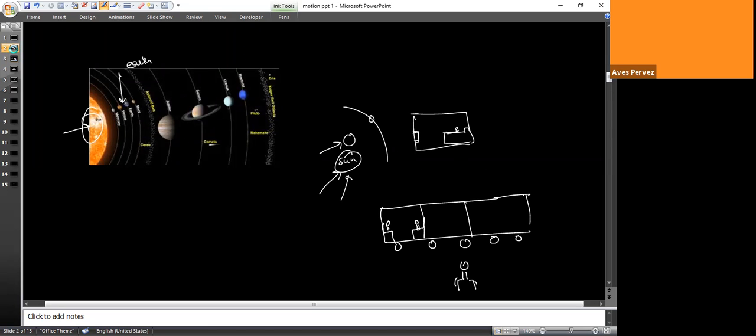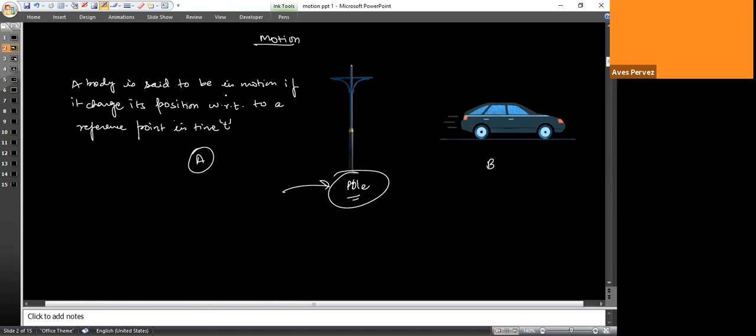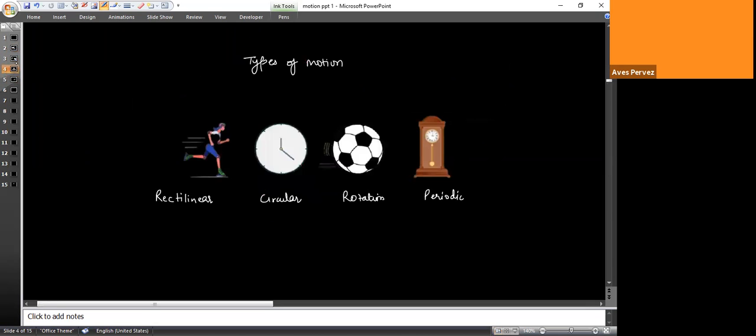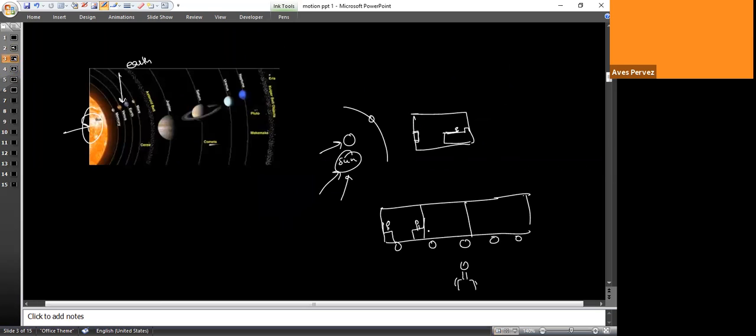In the definition, a body is said to be in motion if it changes its position with respect to a reference point. We need a reference point. If there is no reference point, we cannot say a body is moving. It might be in motion, it might not be. For example, if a person is in a train, these two persons are not in motion.